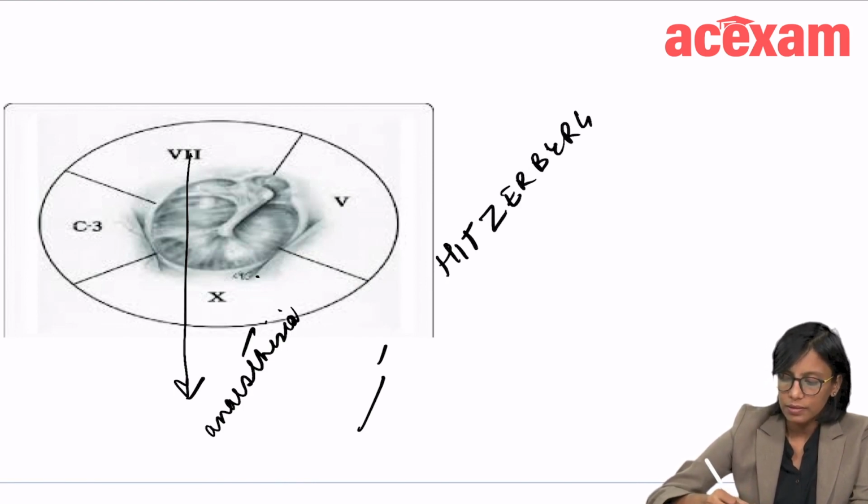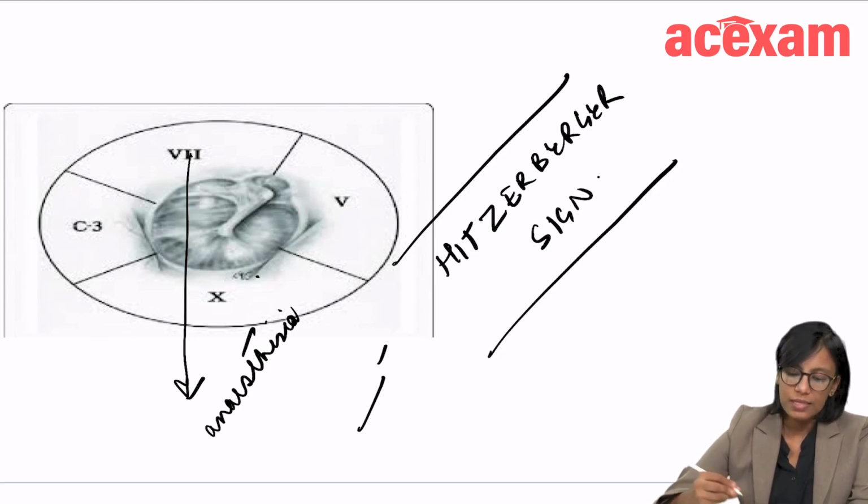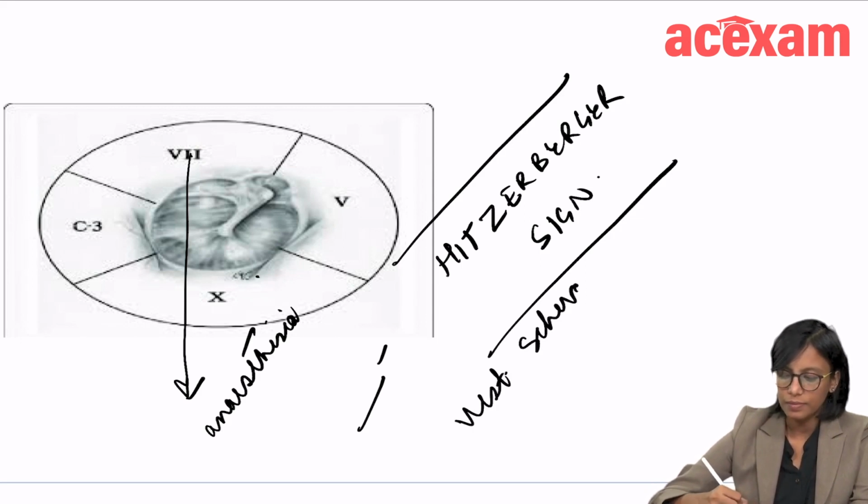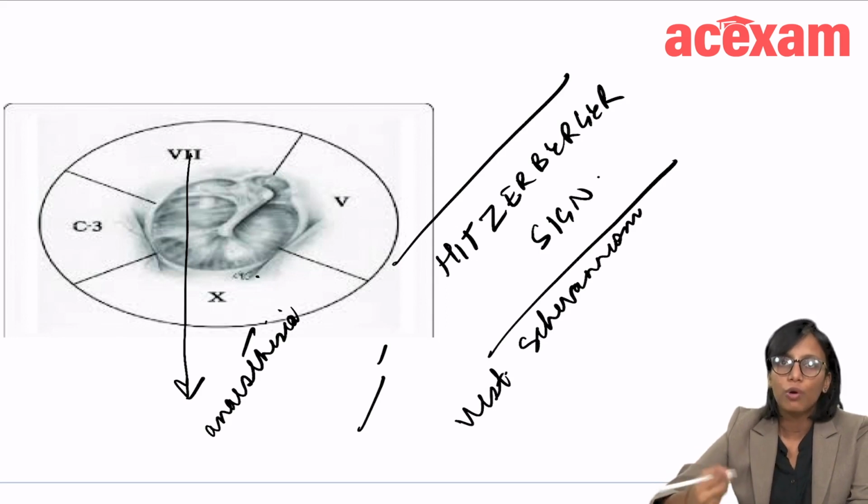This sign is seen in vestibular schwannoma. There is anesthesia of the posterior wall of the external auditory canal, which is supplied by the sensory division of the facial nerve. So this sign is known as Hitzelberger sign.